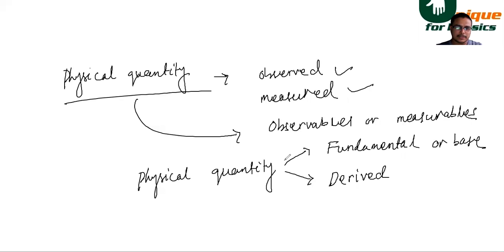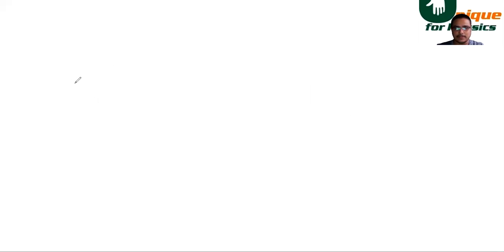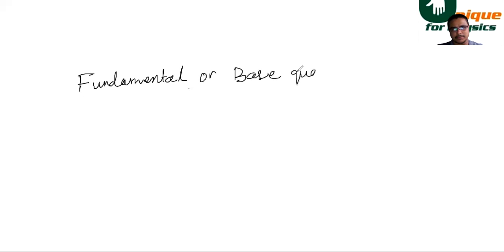So those seven fundamental quantities, I can just write here. We have the fundamental or base quantities, which are the minimum set of quantities that we need to write all other physical quantities. So what are these fundamental or base quantities?